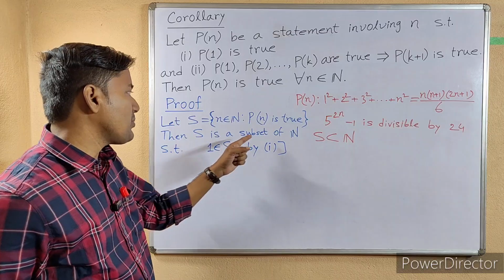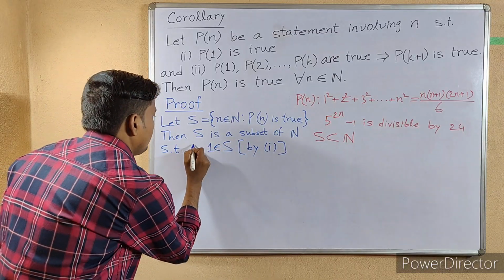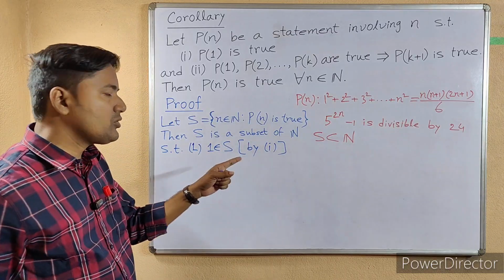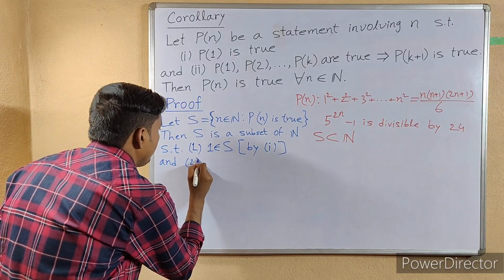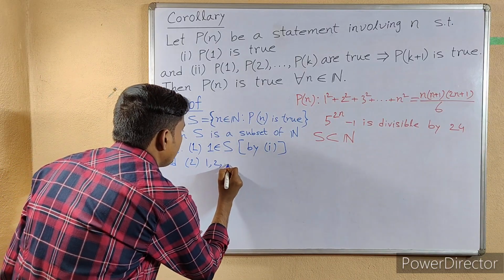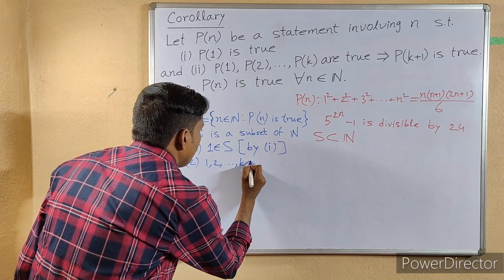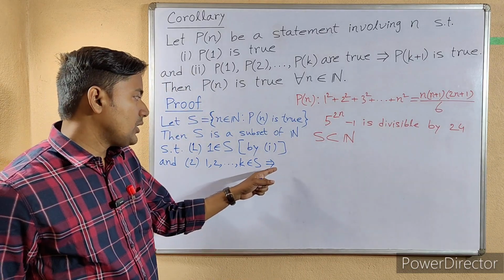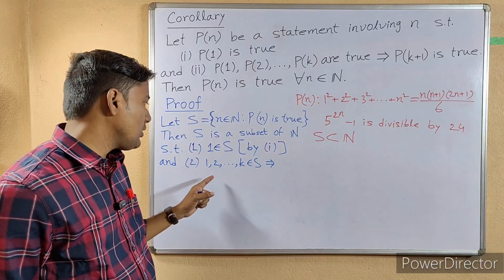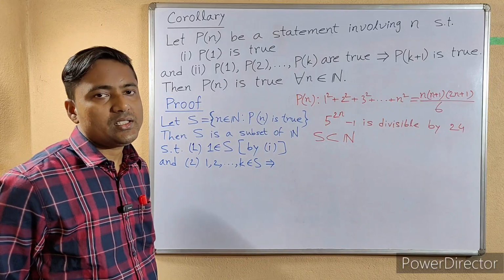Okay, so S is a subset of N such that number 1 belongs to S, and number 2, 1, 2, dot dot dot k belongs to S implies, what will we get here?